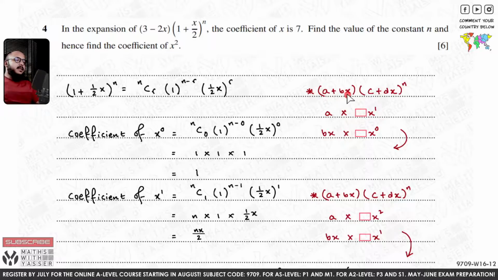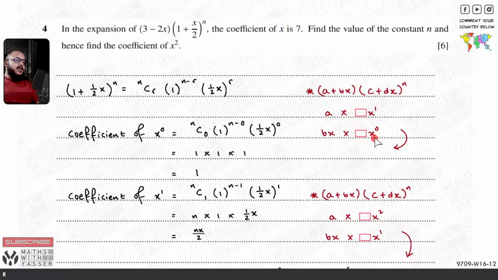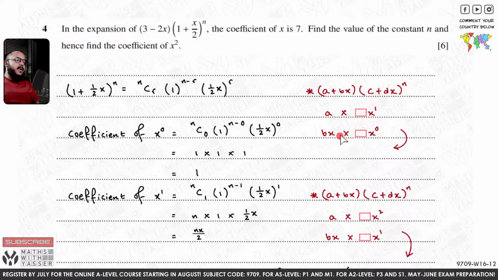And bx will be getting multiplied with the term with the coefficient of x to the power 0. Because this x to the power 0 is basically 1, bx will be getting multiplied with a constant. That way, by summing these two values, we will be getting the coefficient of x.